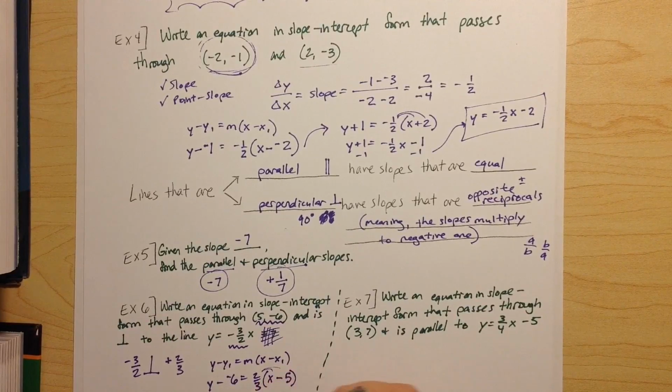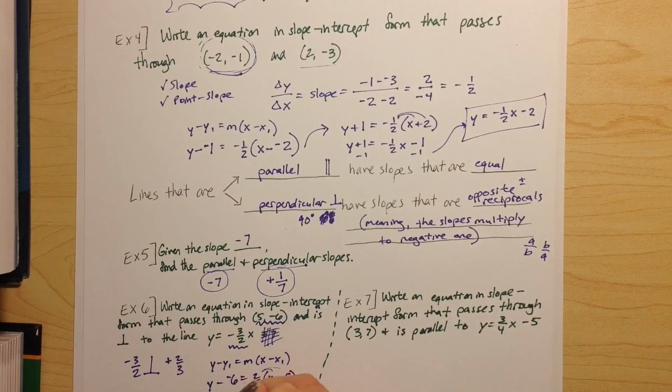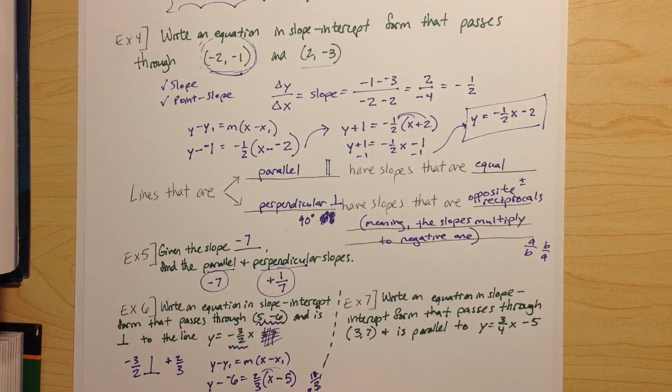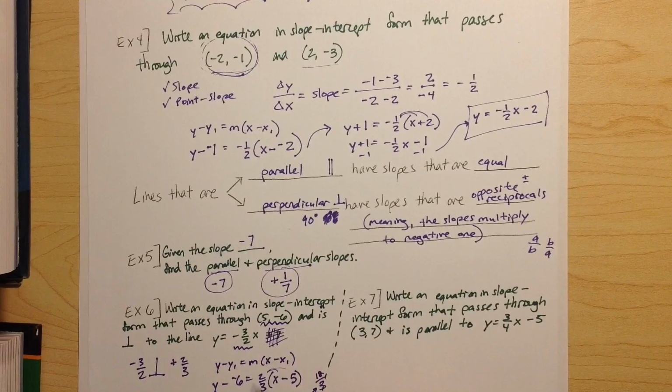I'm going to subtract this 6, which is really 18/3. So just a note to self, that's 18/3. So I have 2/3 x minus 10/3 minus 18/3. I have -28/3. And there's my perpendicular equation, and it goes through this point. There we go. It gets a little funky with the fractions, but that is okay.